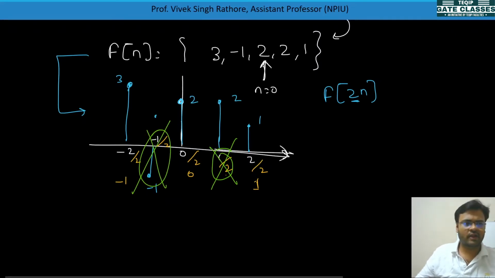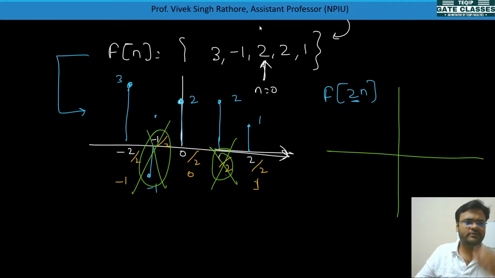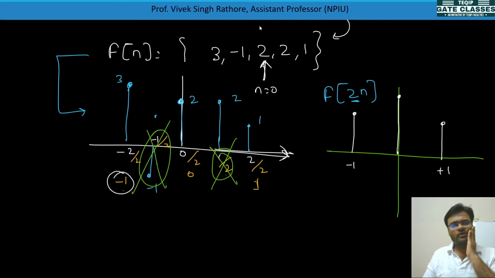So now f of 2n, if you want to plot, you can see the values, only this value at -1 will exist, because now the values are -1. This value won't exist, 0 value will exist. So it will be at this value, and this value 2 by 2, 1 value will exist. So the non-integer values are not existing.